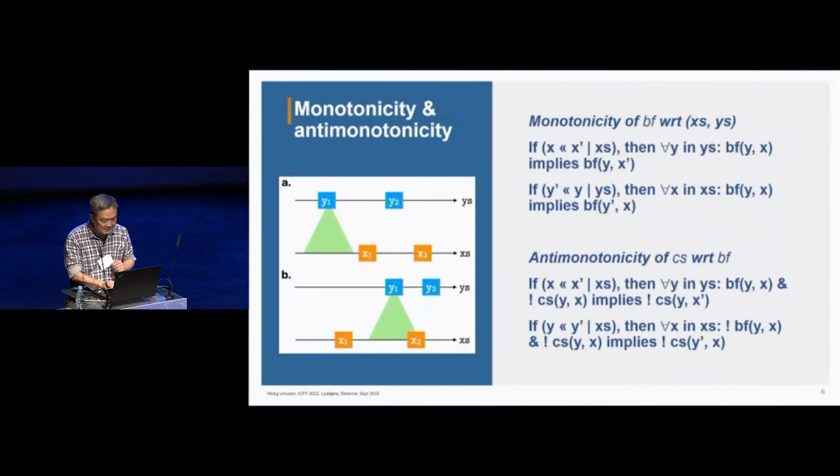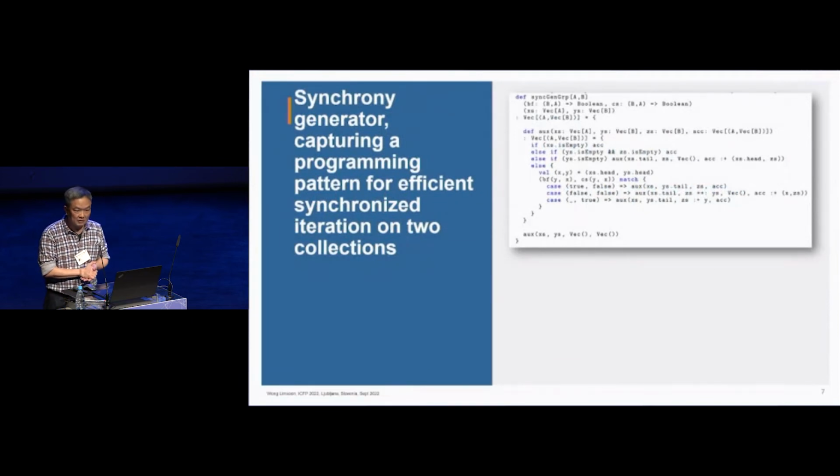These two conditions say basically that this can-see predicate, or our overlap predicate, has right-sided convexity. What it means is that, for example, if this y can see this x2, then it will be able to see every x between this x2 and this y. Similarly, if this x2 can be seen by this y1, then all the x between this x2 and the y can be seen by this y1. So this is just what anti-monotonicity is saying. Okay, it's right-sided convexity.